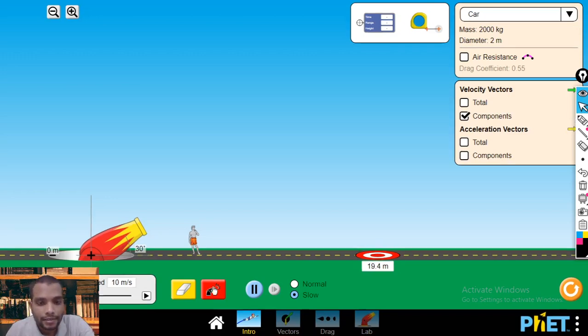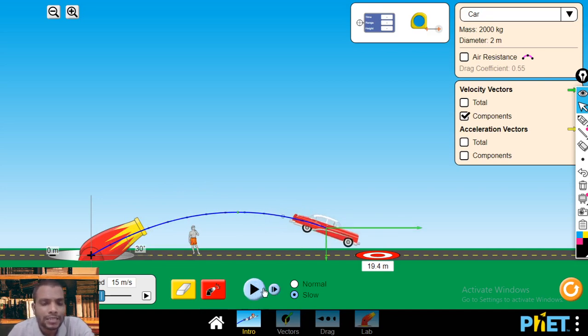Hi guys, in my previous concept I discussed projectile motion. In projectile motion, we come to know that when an object is moving, its velocity is resolved into corresponding components, the horizontal component and the vertical component.